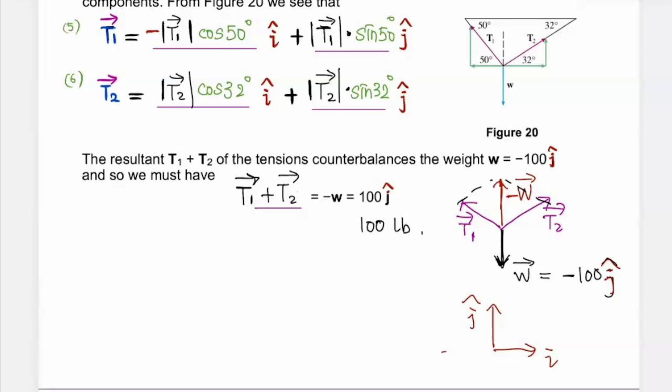Negative W is equal to positive 100J. It's going up as 100, in the positive direction. This one here is weight, going down, which is the negative direction, so it's negative J. J represents the vertical axis. You got it. Good job. I is horizontal.